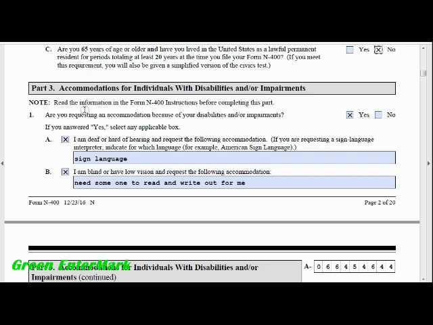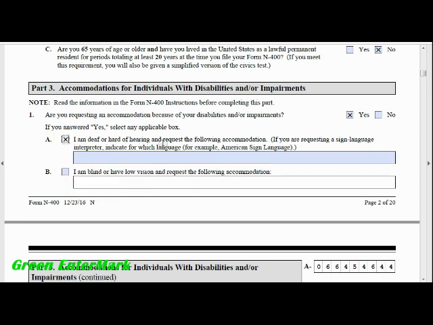Read the information in the Form N-400 instructions before completing this part. Are you requesting an accommodation because of your disability or impairment? Yes or no? Most people say no because they have no disability, but persons who have some disability say yes.